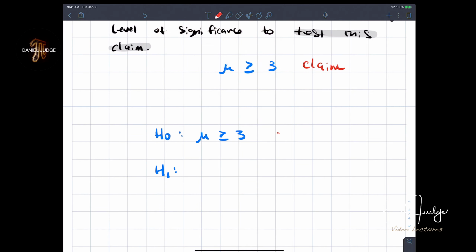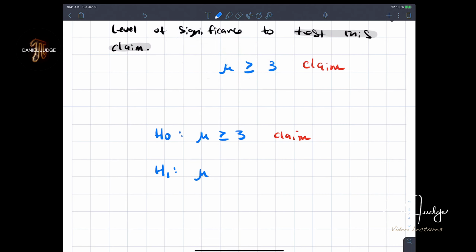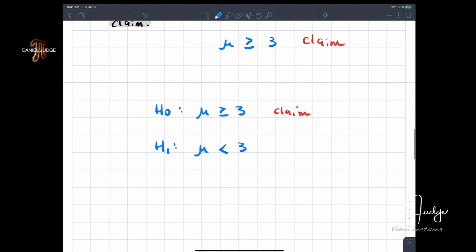I even put the word claim next to it, because this is going to remind me what I'm testing. Now, what I said earlier is the logical opposite of at least 3 is going to be, remember, greater than or equal, it's less than. These have to be logical opposites. This is setting up the hypothesis.